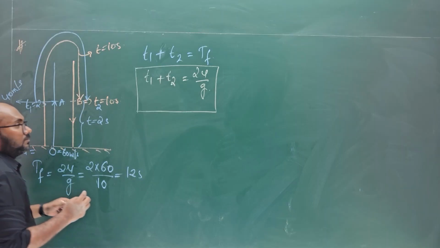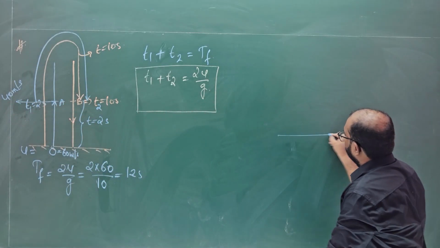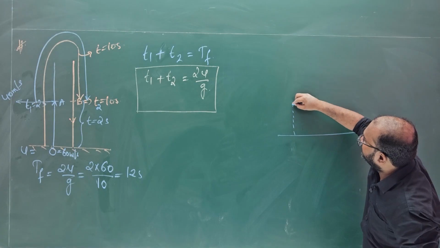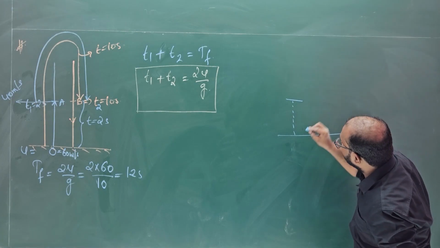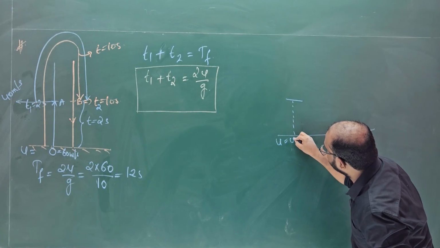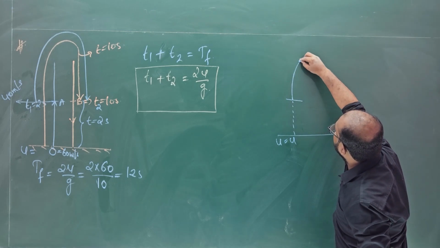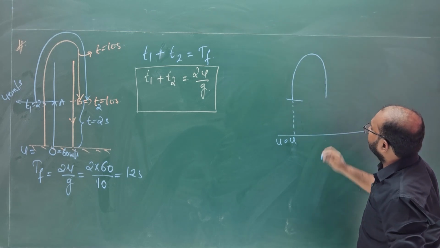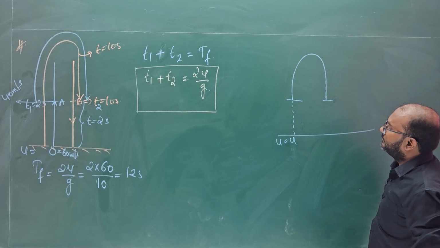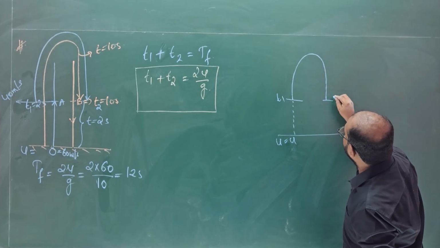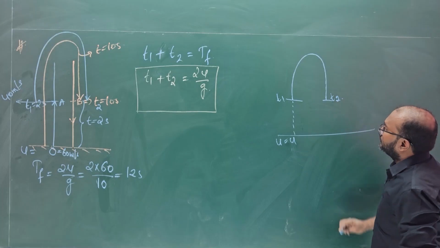Okay. So, the object is projected with initial velocity u at this point. From here to here, this is your T1, and this is your T2.